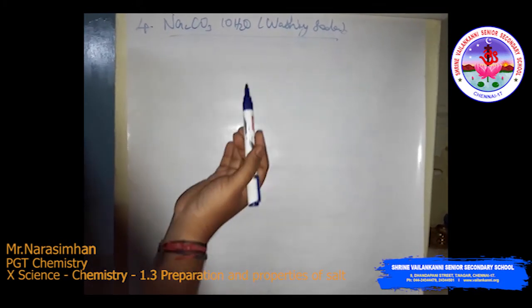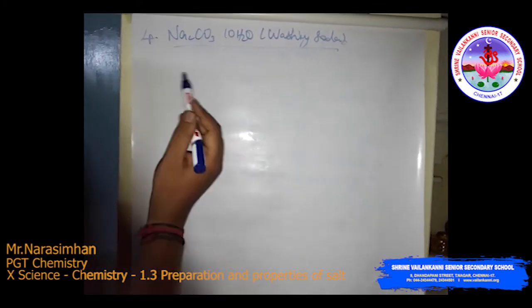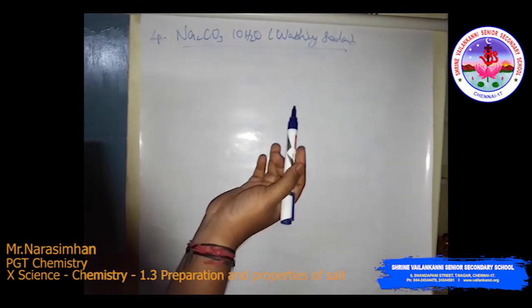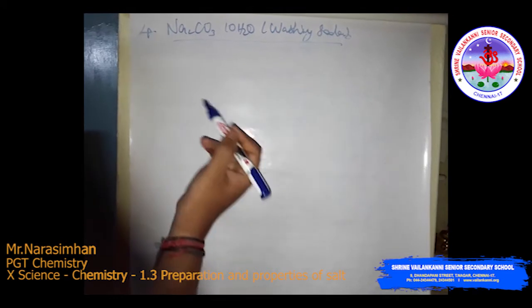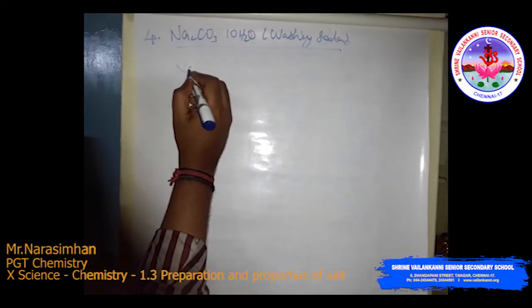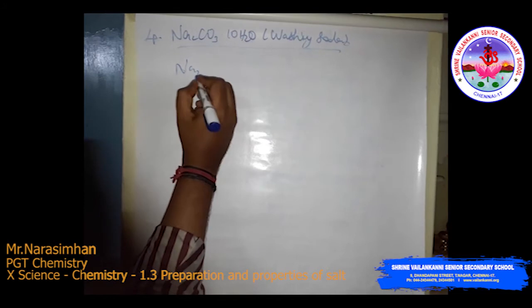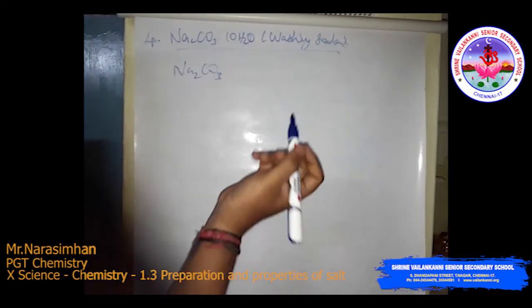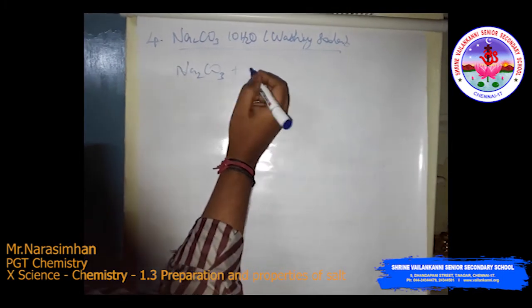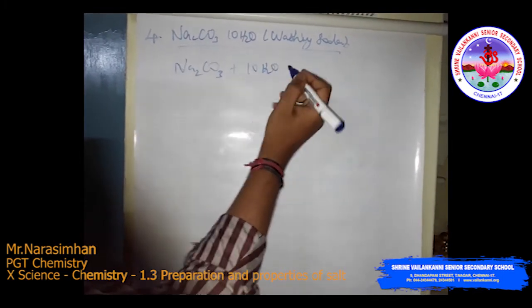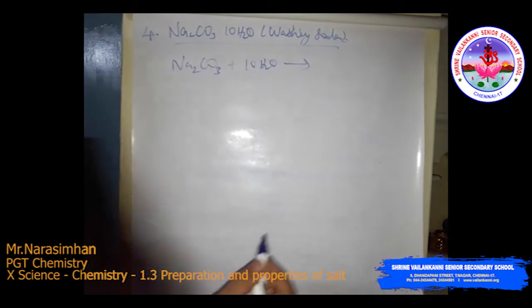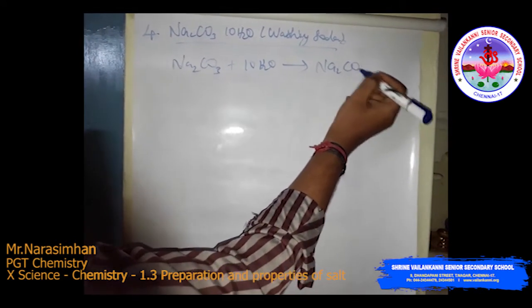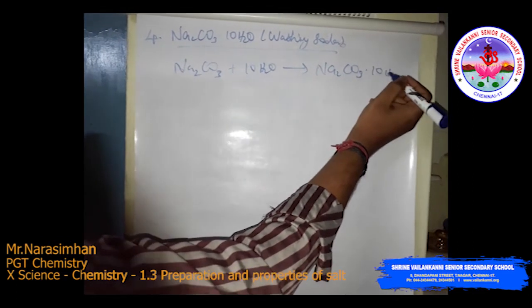How is this prepared? Mainly the recrystallization of sodium carbonate gives washing soda. Na2CO3 is a basic salt, sodium carbonate. It undergoes a recrystallization process to produce Na2CO3.10H2O.